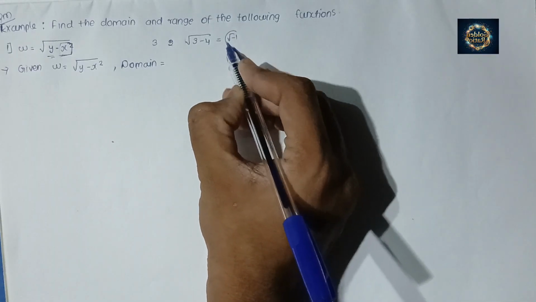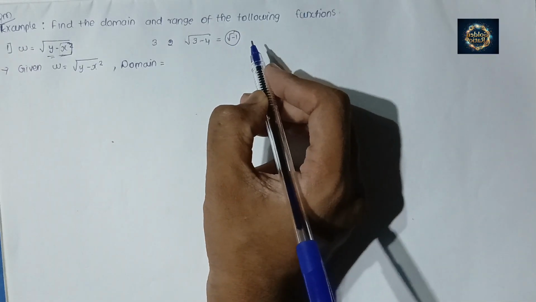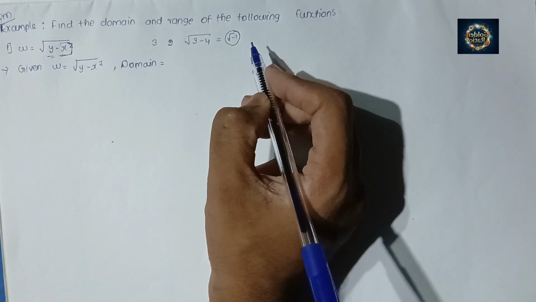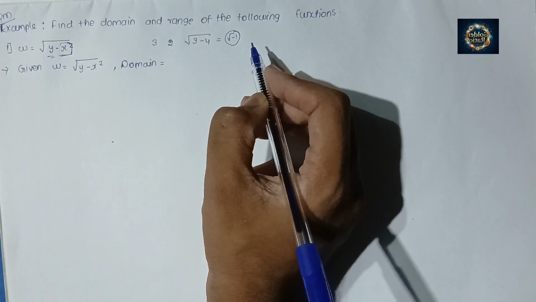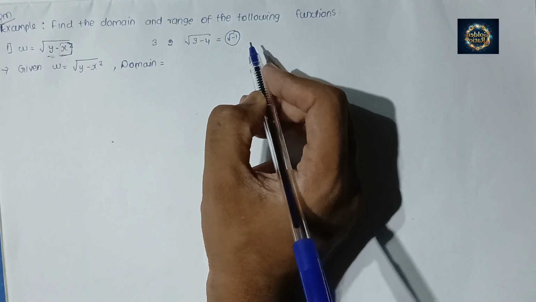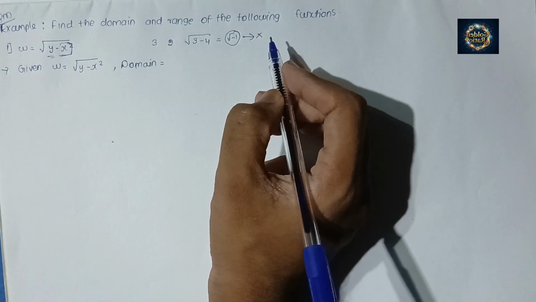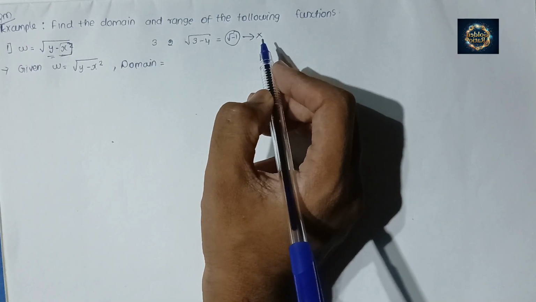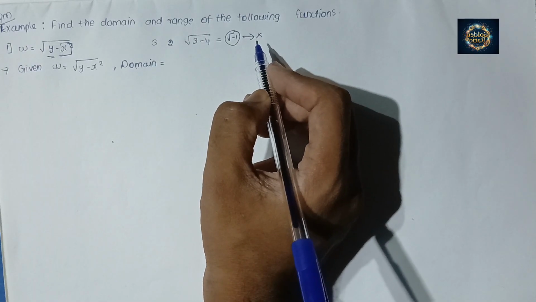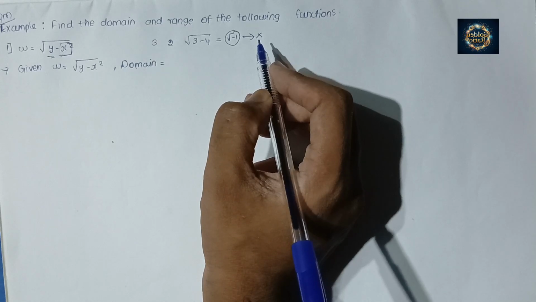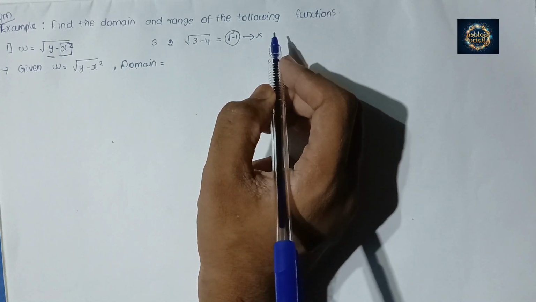The square root of a negative is nothing but a complex number. One thing we need to note is that the answer we get in the domain and range of the function cannot be a complex number. Here it is under root minus 1, which is a complex number, and it is not defined here.